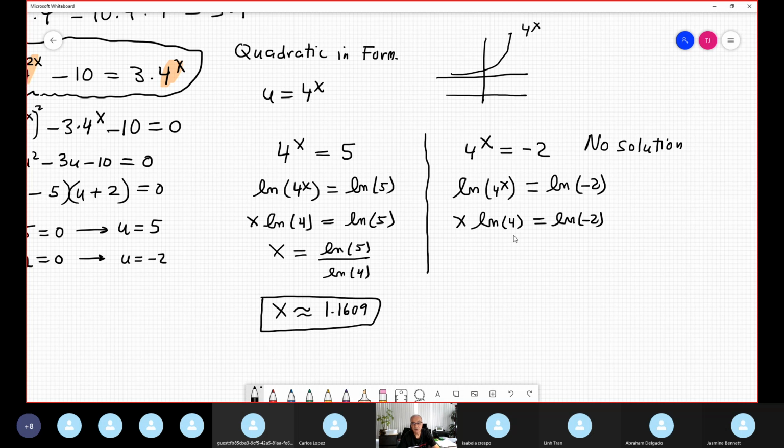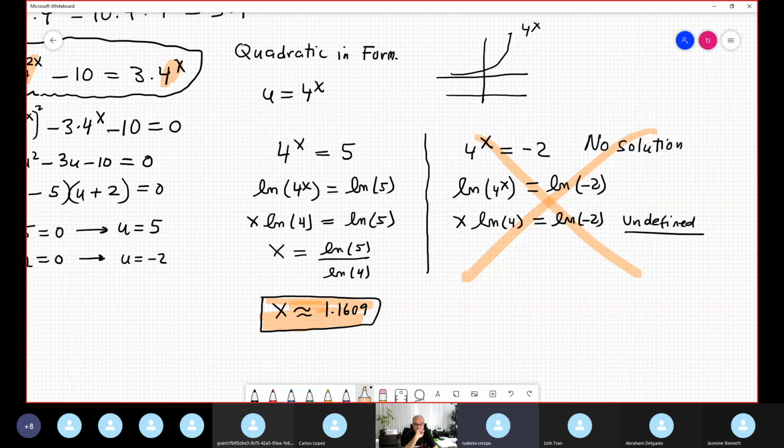I see a contradiction because the logarithm of a negative number is undefined. Again, no solution. So that part does not give any solution to the problem. And the only solution that we have is this. Super clear? Or extremely confusing?